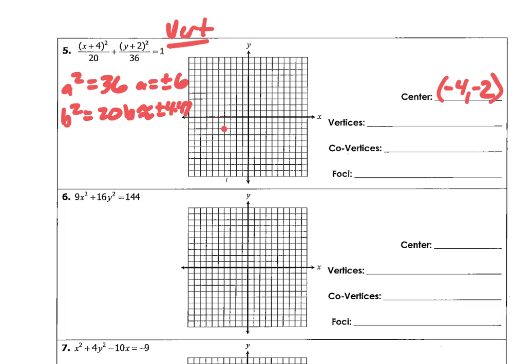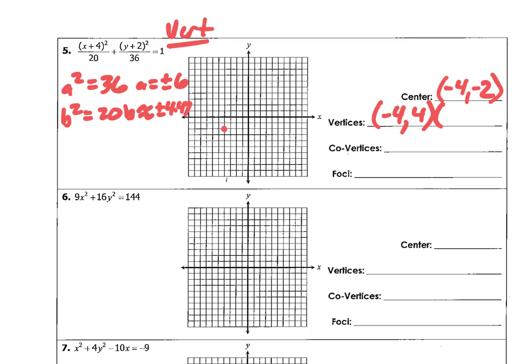Okay, so vertices. We're going to count up and down. And if you wanted to write it as plus or minus 6, you could. But because we're dealing with whole numbers here, I'm going to leave this number alone. And we're going to add 6 to it, which puts me at positive 4.